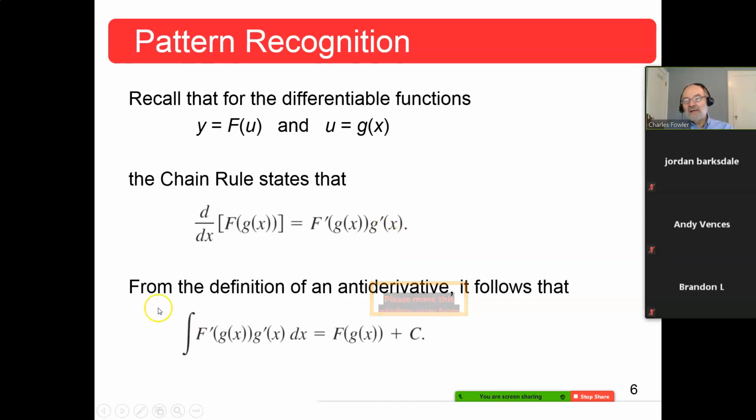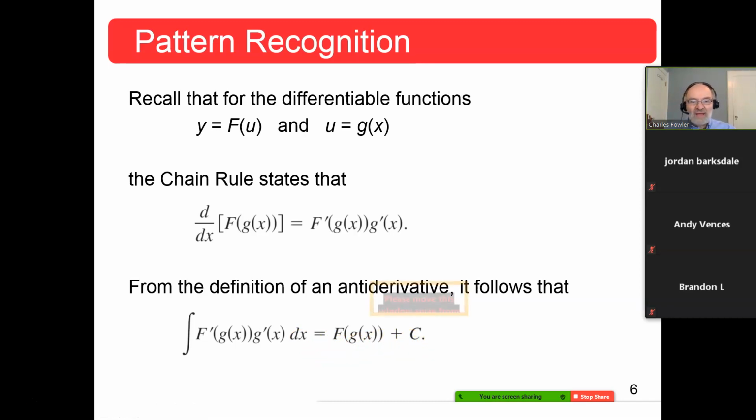From the definition of an antiderivative, it follows that if you have the integral of the derivative of a function evaluated at another function, times the derivative of that innermost function, you can undo that in one fell swoop and say it's F of g of x, plus c.